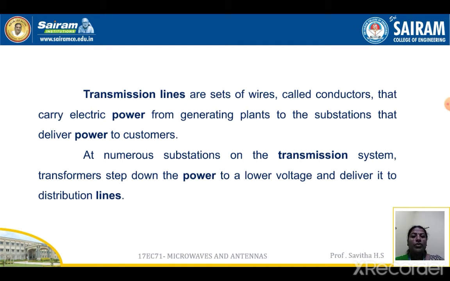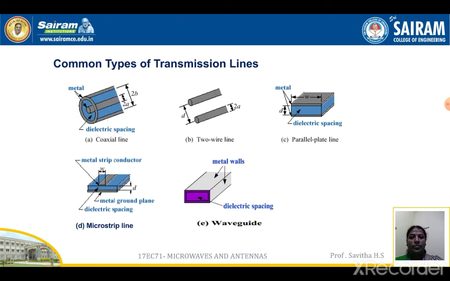Electric power is supplied from the generation station to the substation, and from there it is delivered to the customers. At numerous substations on the transmission system, transformers step down the power to a lower voltage and deliver it to the distribution lines. Common types of transmission lines are the coaxial line, two-wire line, parallel plate line, microstrip line and waveguide.